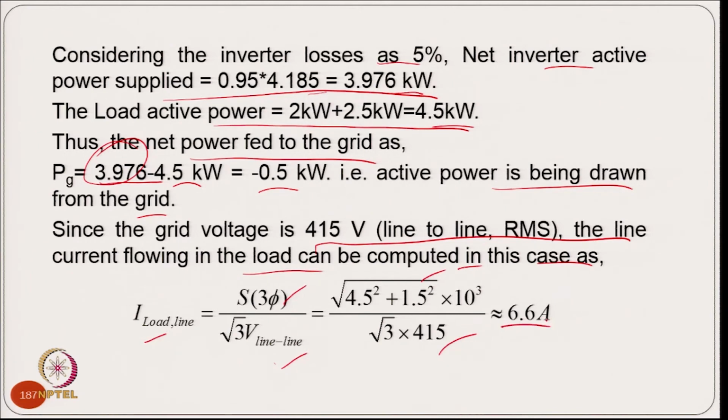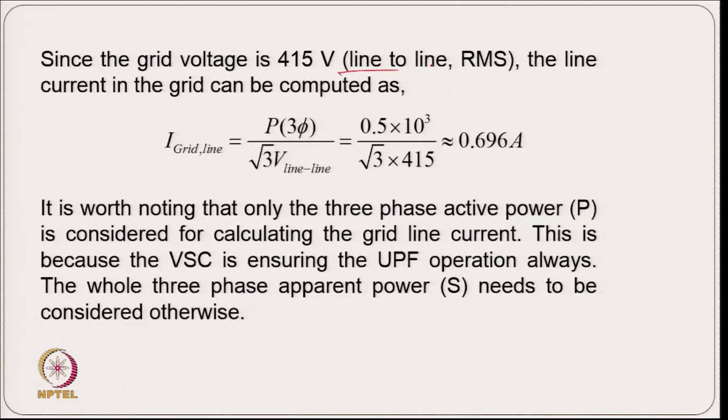So, it comes 6.6 ampere, and since the grid is again 415 line to line RMS, the line current for the grid is power drawn from the grid divided by √3 times line voltage. So, 500 watt divided by √3 into 415, it comes 0.9696. This current is coming from the grid towards the load.